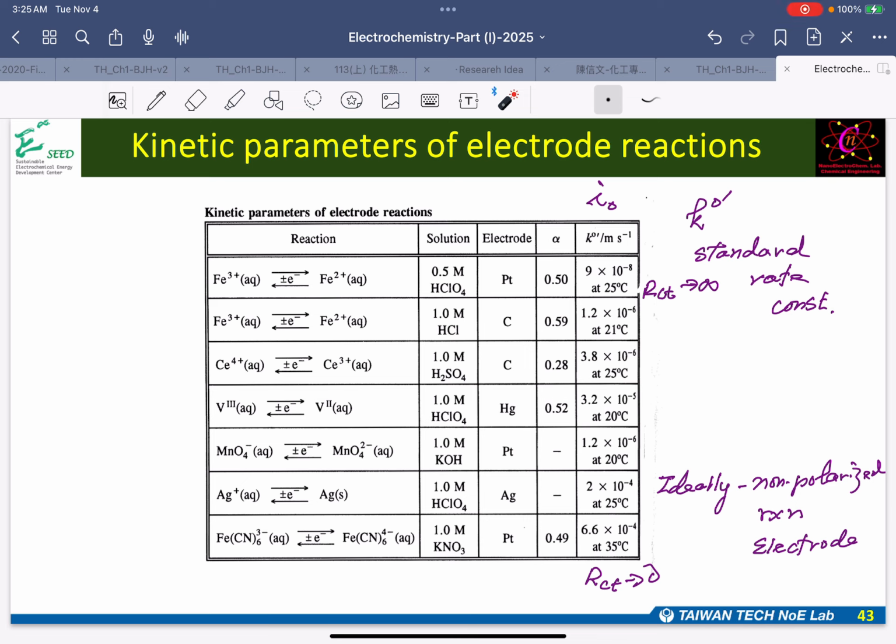If you want to measure the potential in a solution, you can use this as a reference because the reaction is very fast. When the reaction is very fast, we call this an ideally non-polarized electrode. If this reaction is very slow, that is an ideally polarized electrode.